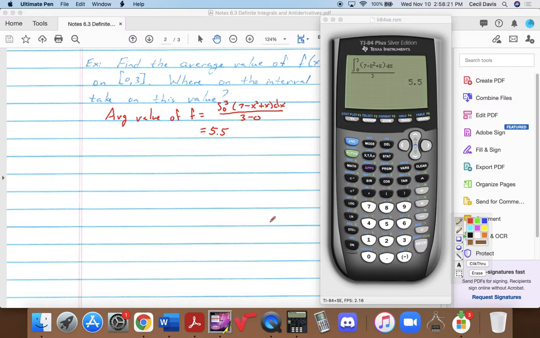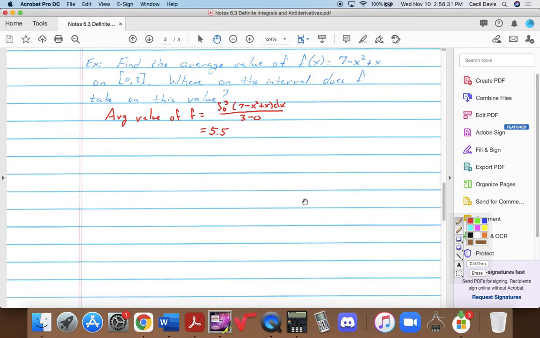Then it wants to know, well, where does this occur? Okay, well, let's see. We want where does 5.5 happen on 7 minus x squared plus x?